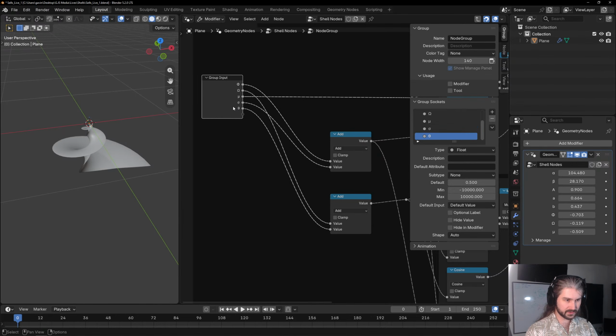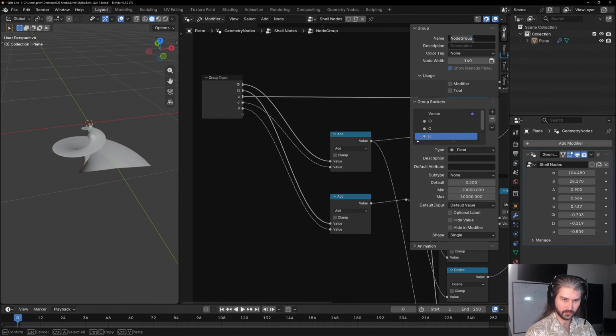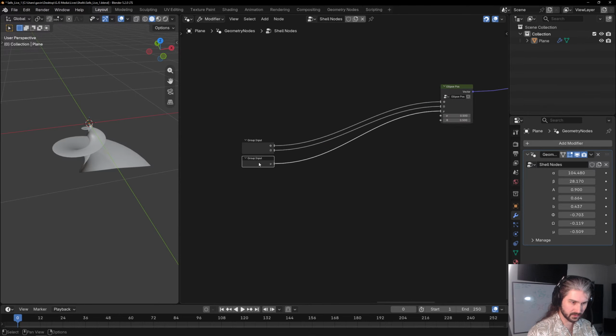Those are now set up correctly. Everything here except for sigma and theta should be a single value. Single. There we go. We're going to call this ellipse pose. Fantastic. And now we have that all set up.